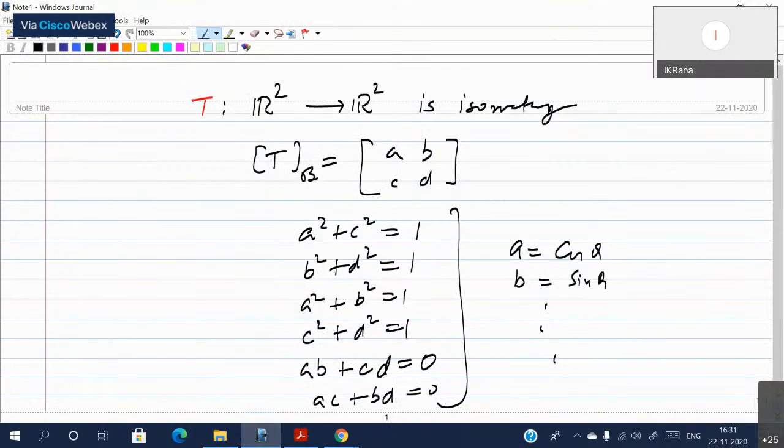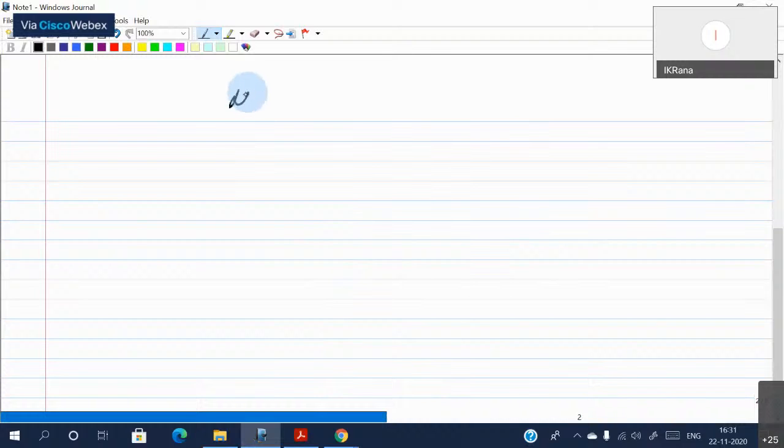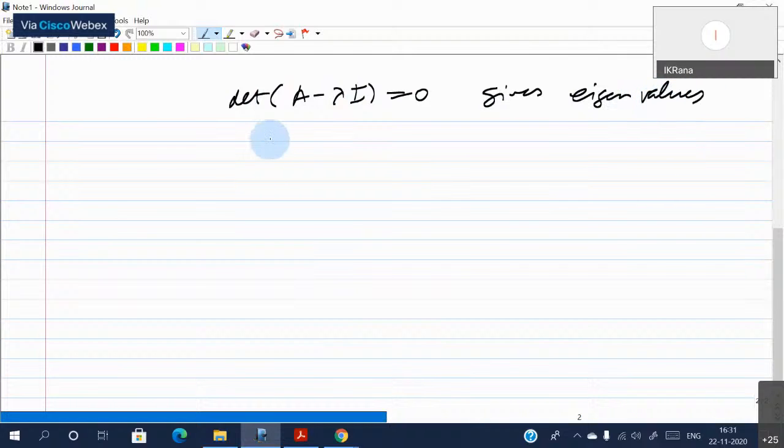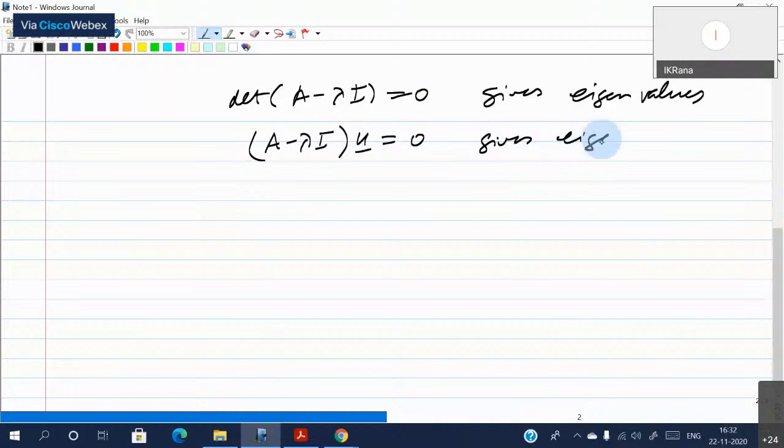Let me just write here: the determinant of A minus lambda I equal to 0 gives the eigenvalues, and A minus lambda I times u equal to 0, for each such lambda, gives the eigenvector for lambda.